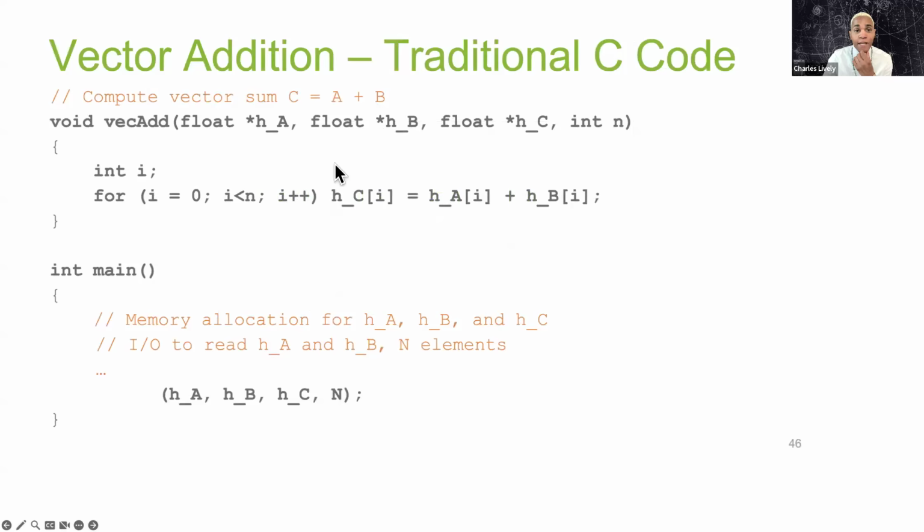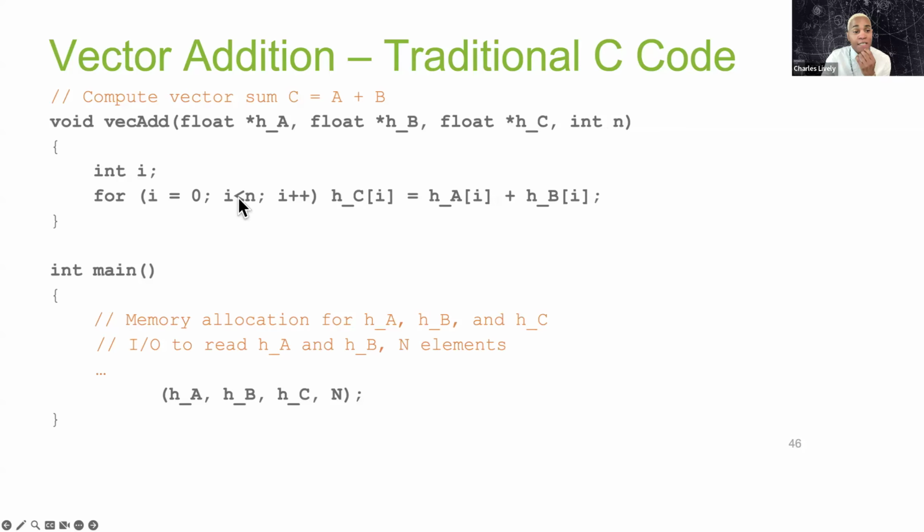And so, vector addition in traditional C code, let's just do a little comparison. You have your function header to do the vector addition, and you're passing in the pointers to A, B, and C. And then you have integer n to denote the number of elements.